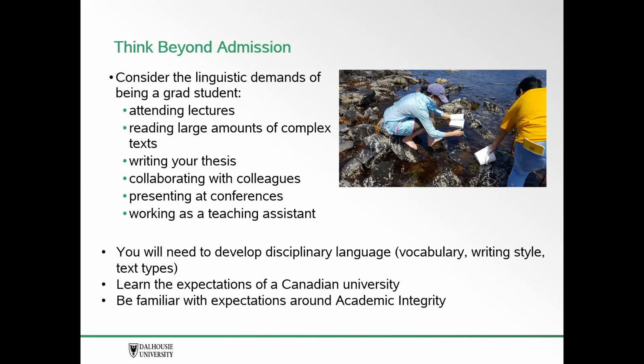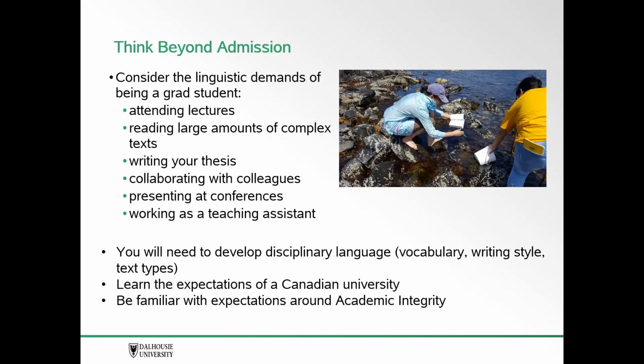There are certain expectations and procedures around academic integrity that are very, very important to be familiar with. There are lots of resources here at the university about academic integrity. Your supervisors and your departments will be a good source as well, but it is something to be aware of in order to be a successful graduate student.